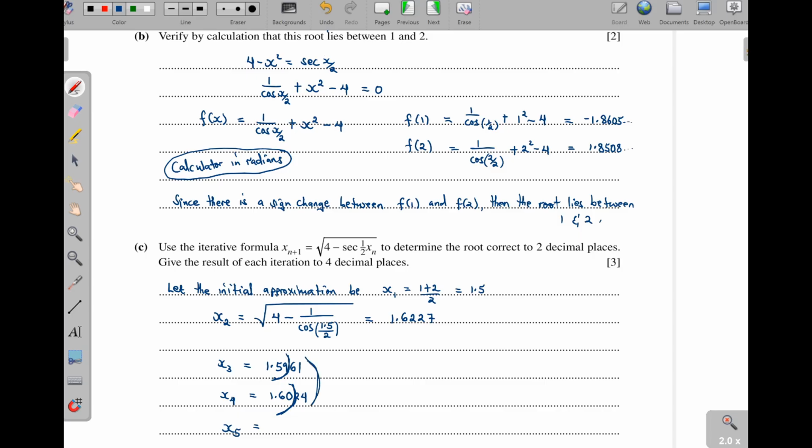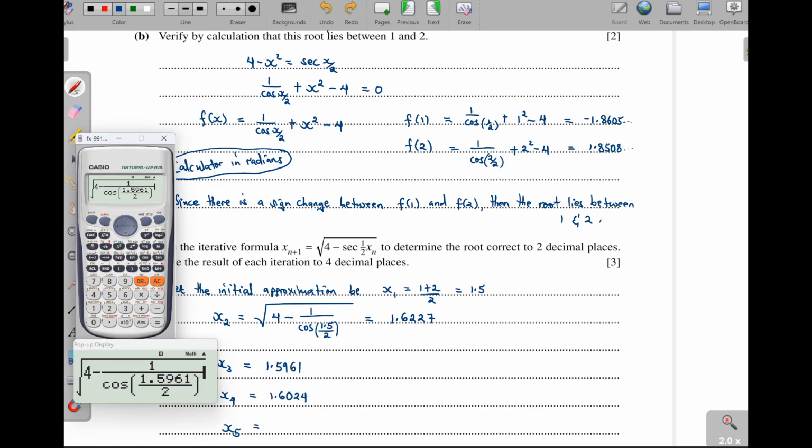Now, since these two are giving me the same answer rounded to 2 decimal places, then I do one more to confirm. So in other words, this is the minimum number of iterations I can do to get an answer. So we do the next one to confirm, okay? Come back to this and you put 1.6024.